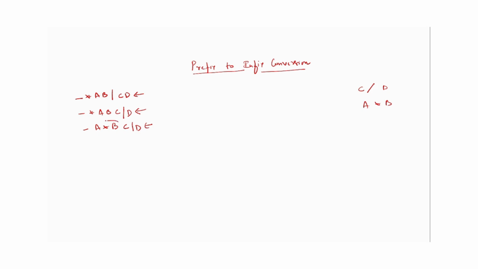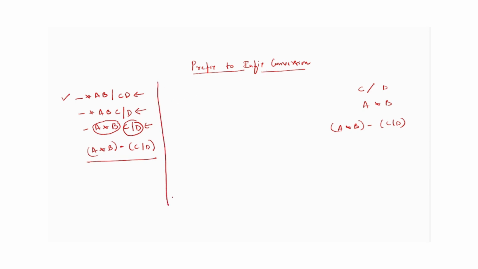So now this whole thing, A star B, would be operand 1 and this whole thing, C by D, would be operand 2. I'll say A star B minus C by D would be our infix expression for this prefix expression, right?